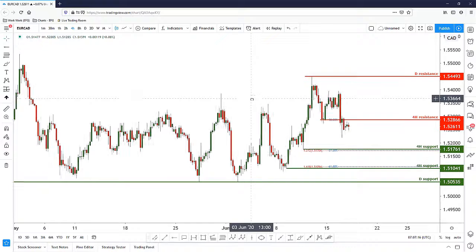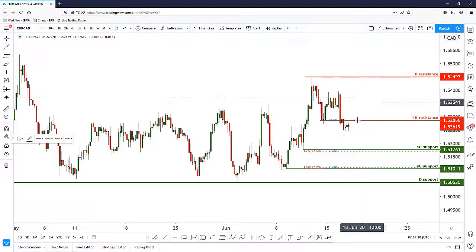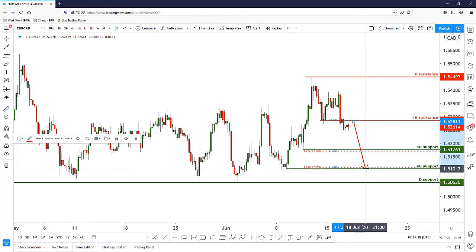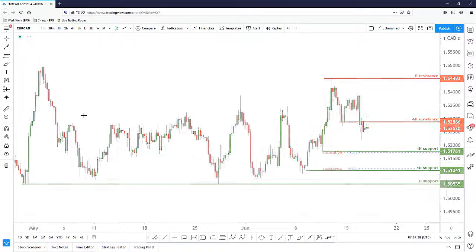What I'm thinking could possibly happen is for price to make a push down to this level first. Once price has reached this level, you can see price go down to the next level and finally towards the daily support. But for now, let's go down to the 1 hour to clarify the chart.